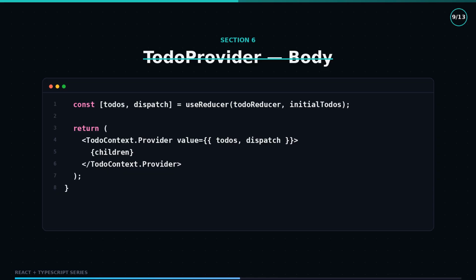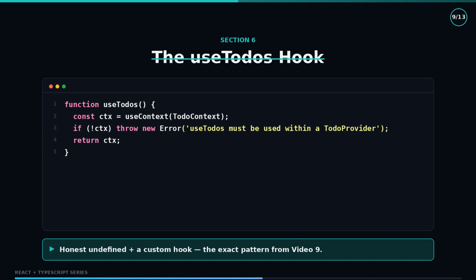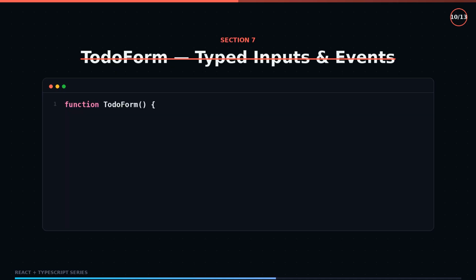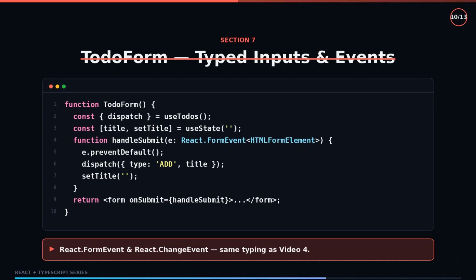Function useTodos. const ctx equals useContext TodoContext. If not ctx, throw new Error: useTodos must be used within a TodoProvider. Return ctx. No fake default values. No unsafe casts. This is the exact honest-undefined-plus-custom-hook pattern from video 9. Any component in the tree can now call useTodos and get a fully typed todos array and dispatch function.